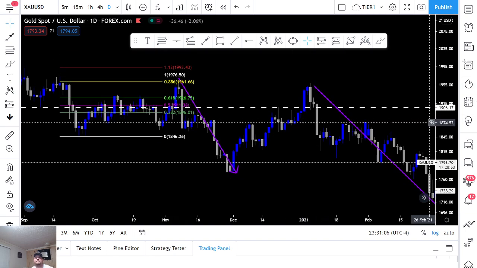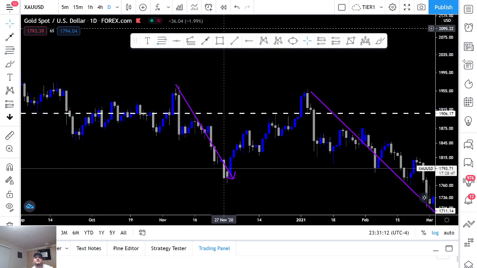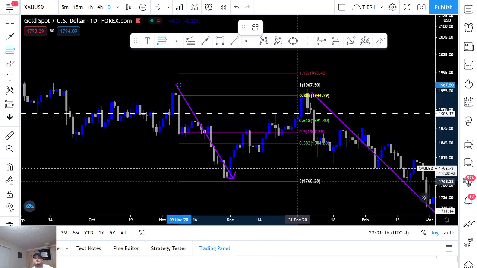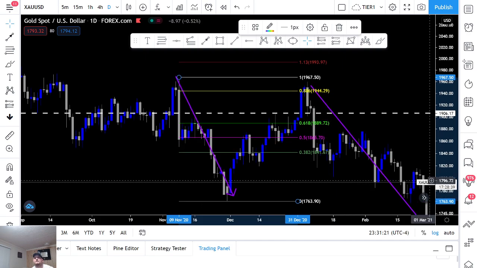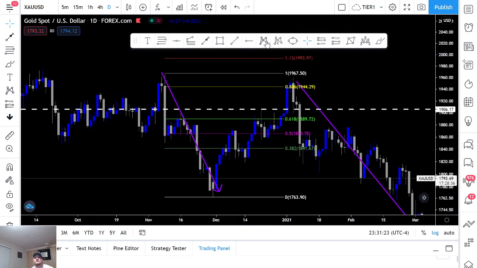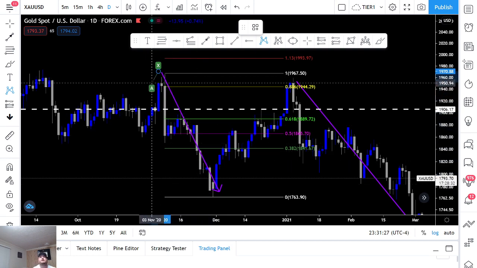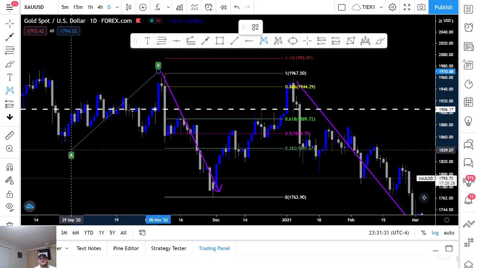This bat right here is the one I seen. This is the one I seen right here. So we got a push down that breaks previous structure.